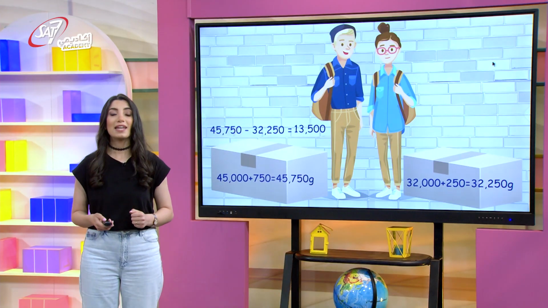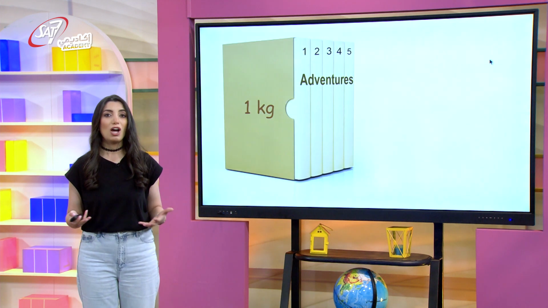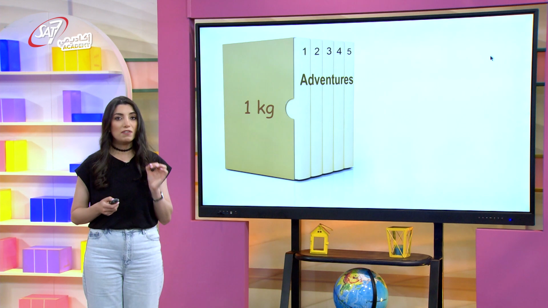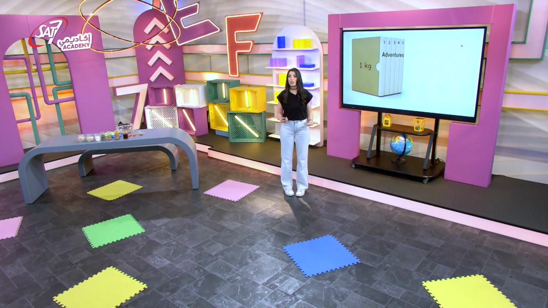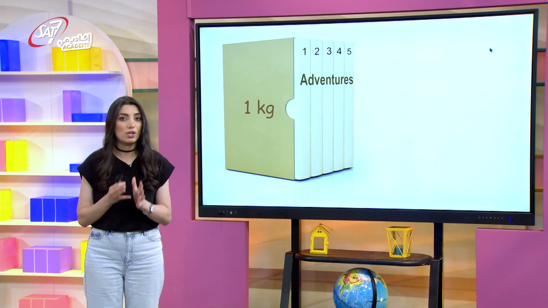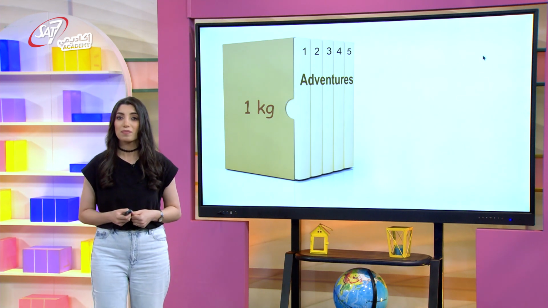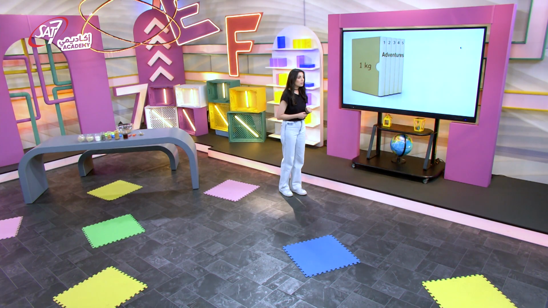A box containing 5 identical books weighs 1 kilogram. How much does each book weigh? This means that every book weighs less than a kilogram, and altogether they weigh 1 kilogram. The kilogram is divided into 5 books, but how can I divide 1 by 5? We've learned that a kilogram equals 1,000 grams.